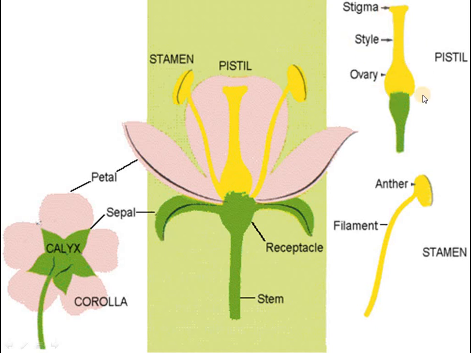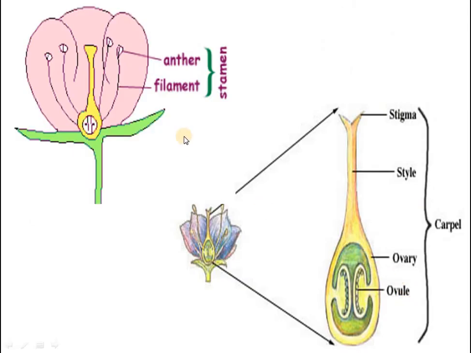This is the female reproductive organ, and this is the male reproductive organ. In the same manner, in this slide you can see the anther and filament making up the male reproductive organ called the stamen, while carpel is another name for gynoecium or pistil, consisting of stigma, style, and ovary. The ovary contains ovules, which are attached to the main stalk, the placenta.